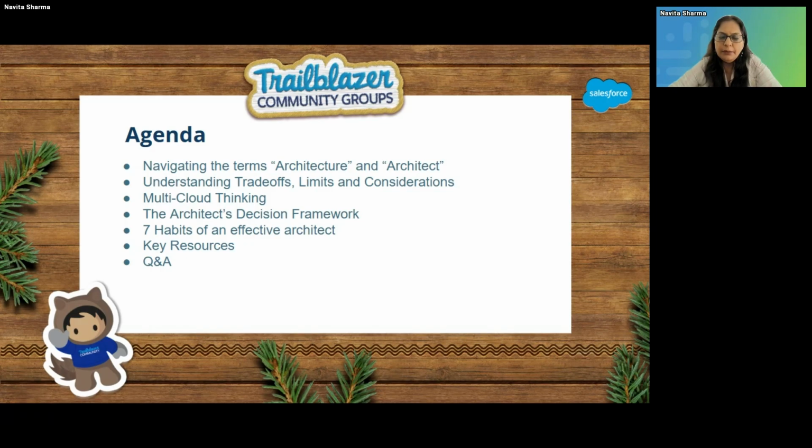We will talk about them in multi-cloud thinking, when to use what, and what the considerations are. Then we talk about the architect decision framework, where I'll give some real-life examples of how these decisions can change the project trajectory. Then we talk about the 7 habits of an effective architect. Primarily, it is seven habits which we have put into some kind of a framework.